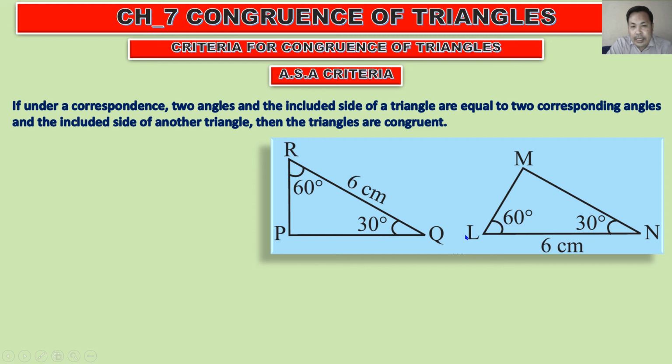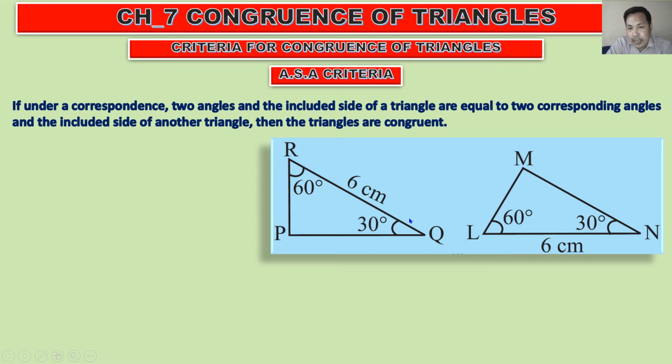You can see here, my dear students, 60 degrees here, these two are equal, and 30 degrees, they are equal. Clear? And you can see one side here, this side RQ is the side between these two angles which are equal to the two angles of the other triangle, isn't it?